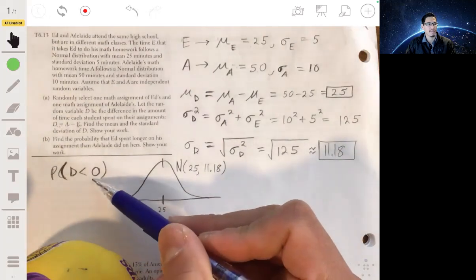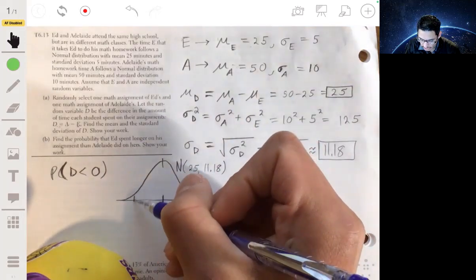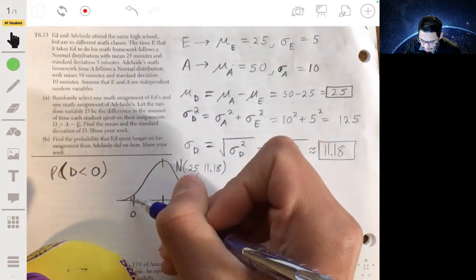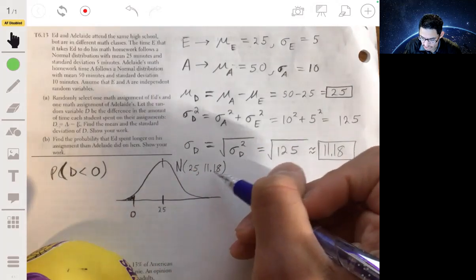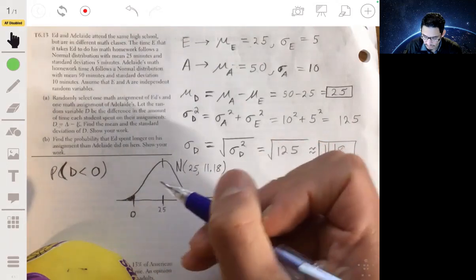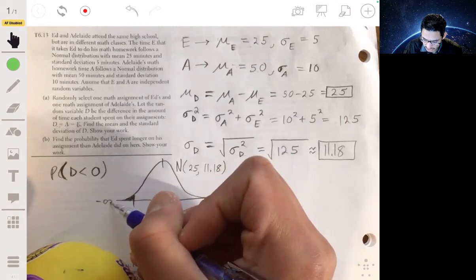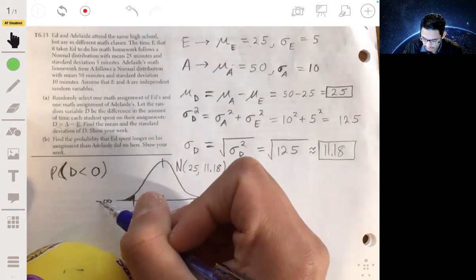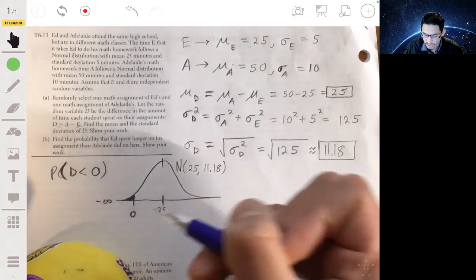If we want to find the probability that D is less than 0, we're looking over here to the left at an area. It's probably going to be small because it's more than 2 standard deviations away from the mean. So we're looking from essentially negative infinity, hypothetically speaking, all the way to the left; the lower bound will be negative infinity, the upper bound will be 0.